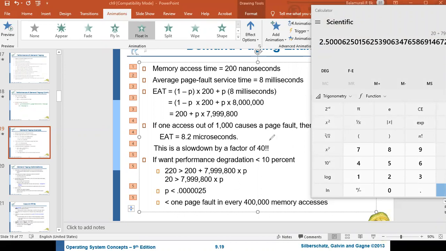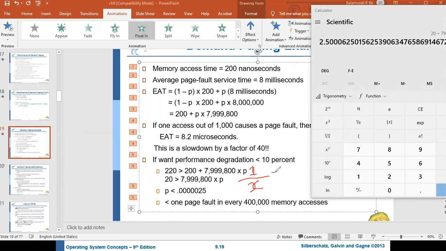Basically this means that P should be less than or equal to 1 by X. X is what? Out of how many instructions one page fault is acceptable, that is X. X represents out of how many instructions one page fault is accepted.